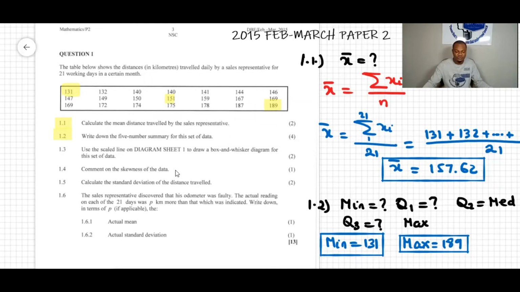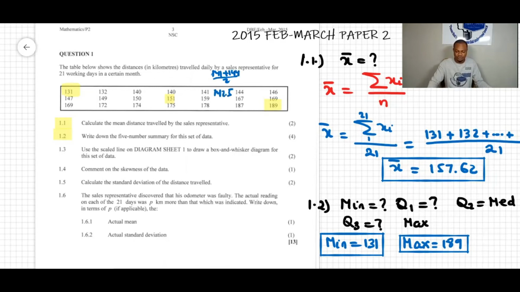So what we do in this situation, we're going to find the average of these two numbers. So we're going to do 141 plus 144 over 2, which is 142.5.